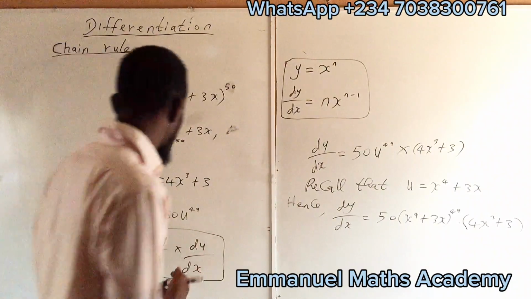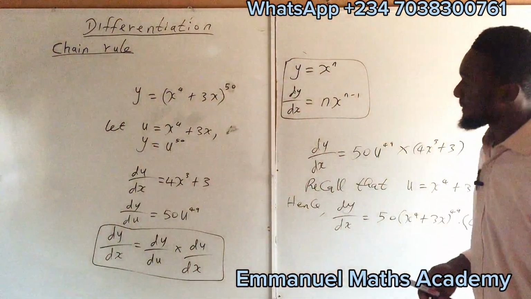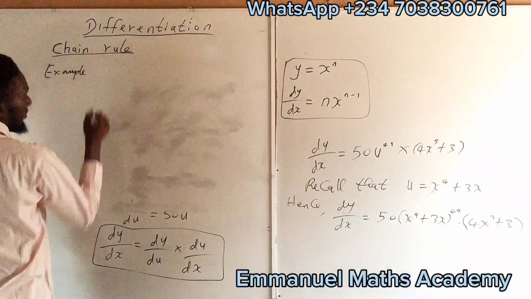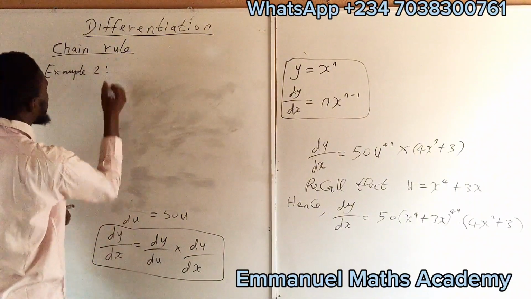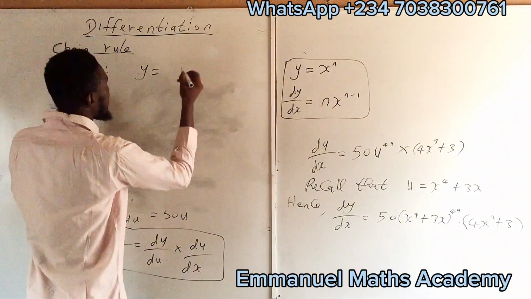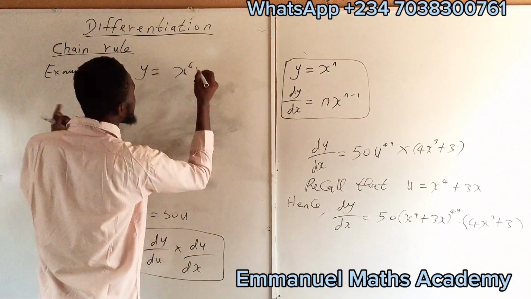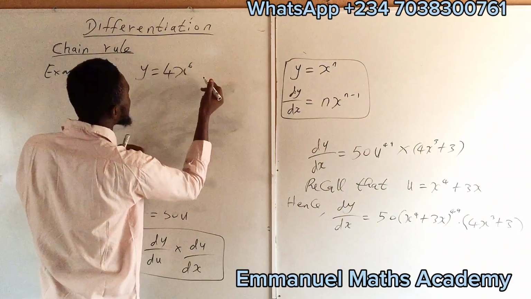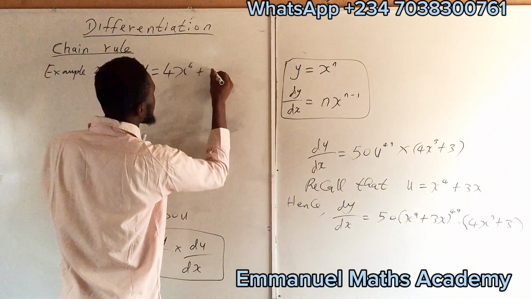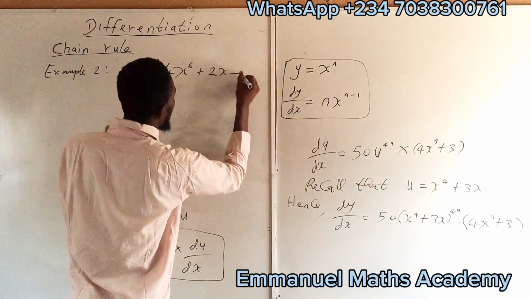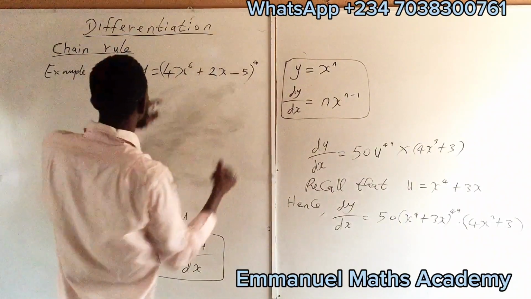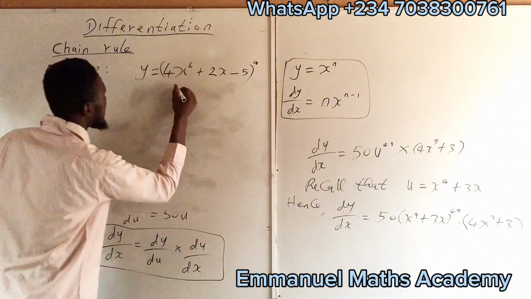Is that clear? Maybe let's solve more examples on this for better understanding. Let's call the other one example 1. Example 2. If you are given that y is equal to 4x raised to power 6 plus 2x minus 5, all power 4, you are asked to find the dy dx of this.